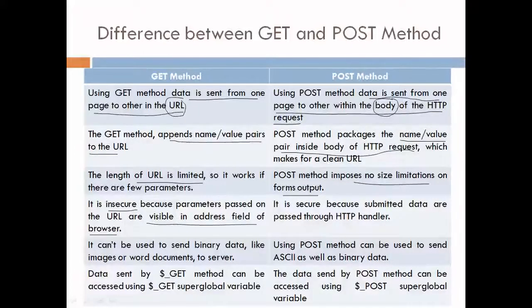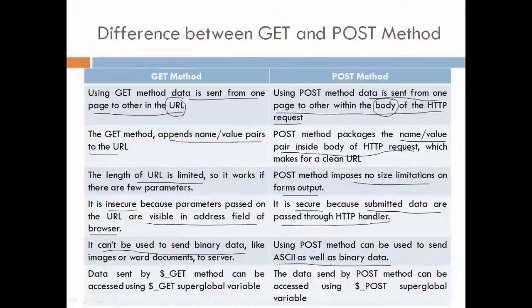While with the post method, it is a secure way to submit data from one page to another because submitted data is passed through the HTTP header, that is, the HTTP request. The fifth difference, get cannot be used to send binary data. But the post method can be used to send ASCII as well as binary data to the server.